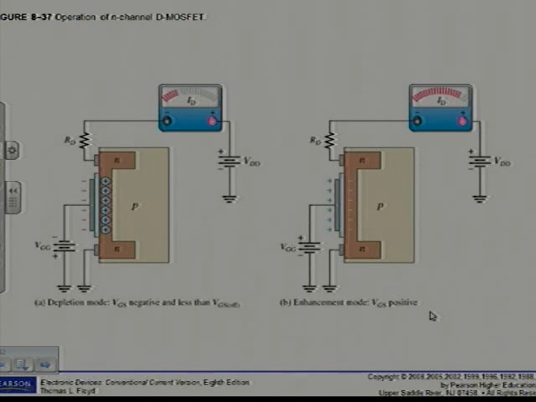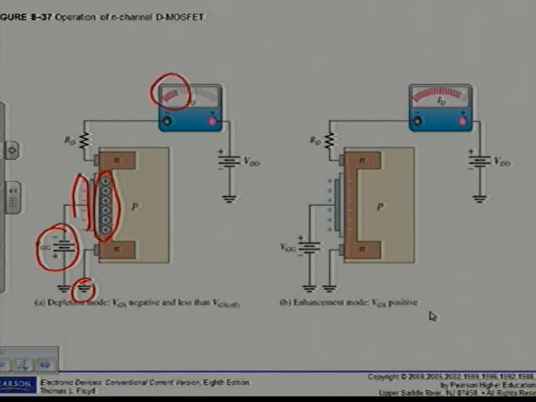In the first case, I apply a negative voltage on the gate, and a positive voltage to the drain with reference to the source. When I apply a negative voltage, I will have electrons on the outside, like a capacitor, and positive charge in my channel. I will have a current flow, but it will be small. You can see ID is quite small in that case.